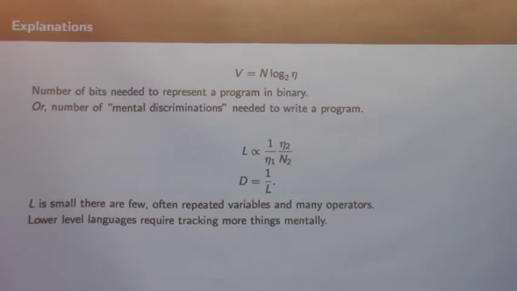And the rough idea behind this metric is it's kind of like a joint measurement between two different things. So that first factor there, eta 1, measures one thing, and then the second factor here measures a different thing, and when you multiply them together, you get a full metric. And the rough idea here is that the language level is small if there are few, often repeated variables and many different operators. So that would be lower level, and the opposite would be higher level. And then difficulty is 1 over L, because a lower level language means you have to keep track of more things in your head as you go. So that's Halstead's reasoning there.